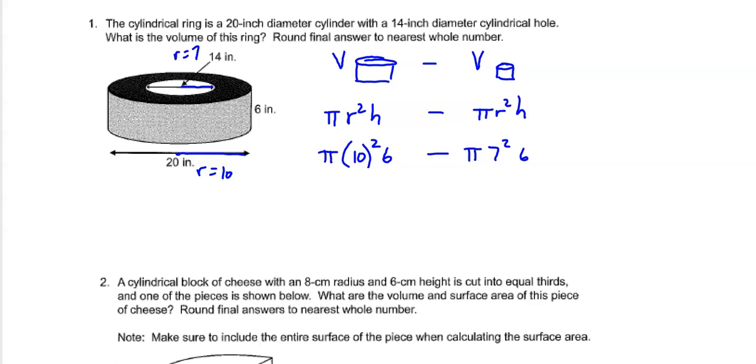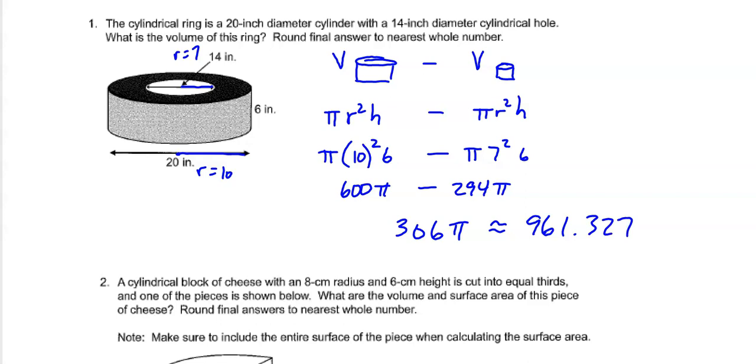Over here, 10 squared is 100 times 6. We have 600 pi minus 49 times 6 is 294 pi. Subtract those, we have 306 pi. And when you multiply that out, you are somewhere in the neighborhood of 961.327. But it says nearest whole number, so we'll just call it 961.